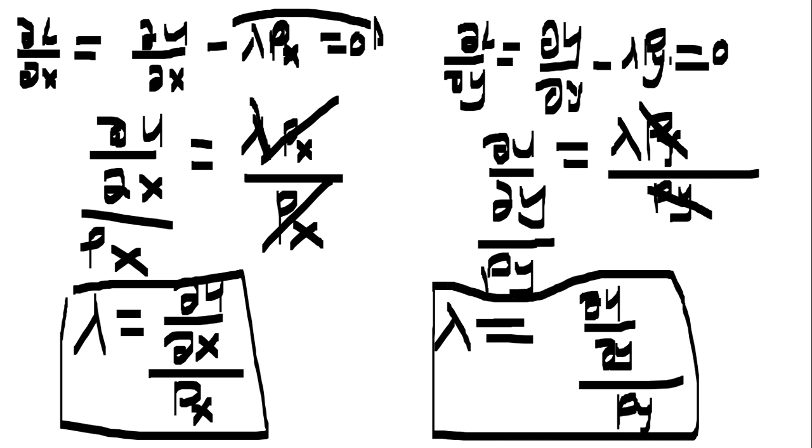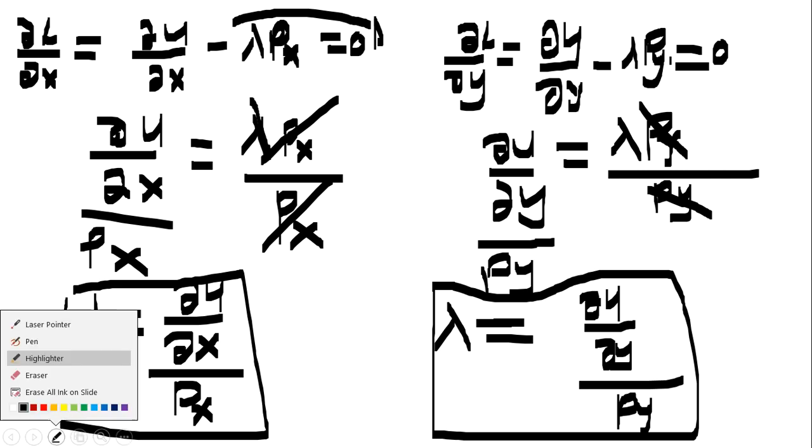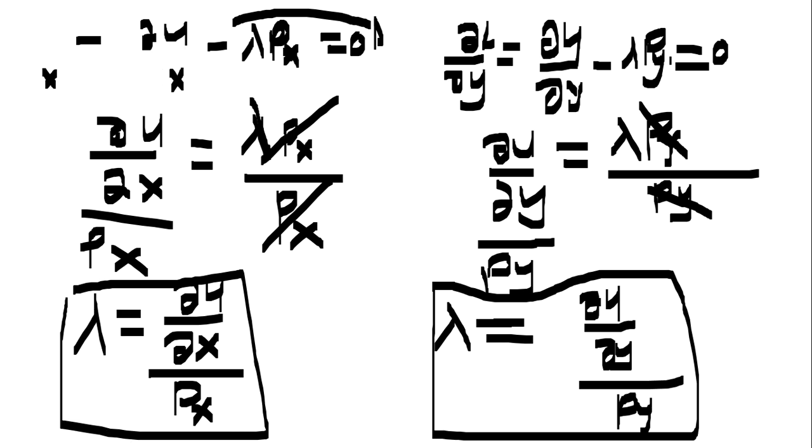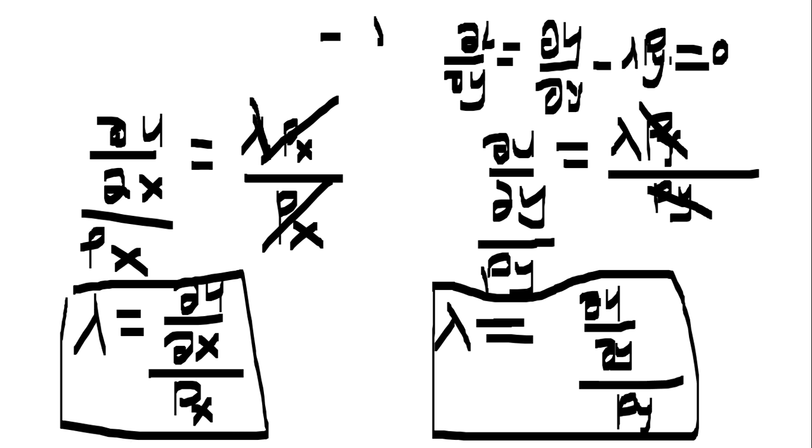But lambda is lambda, meaning we can equate these two equations. Change in u per change in x divided by the price of good x must be equal to change in u over change in y divided by the price of y. That's okay, right?